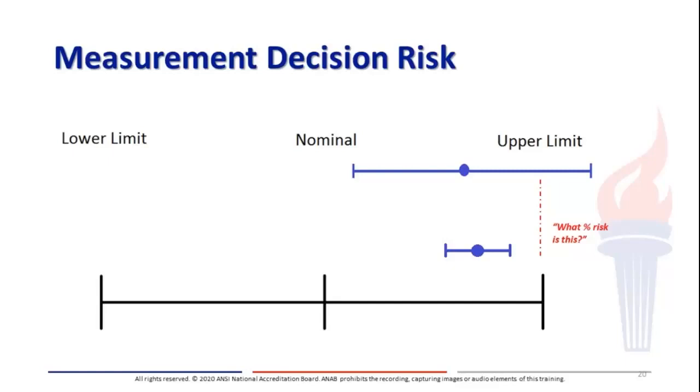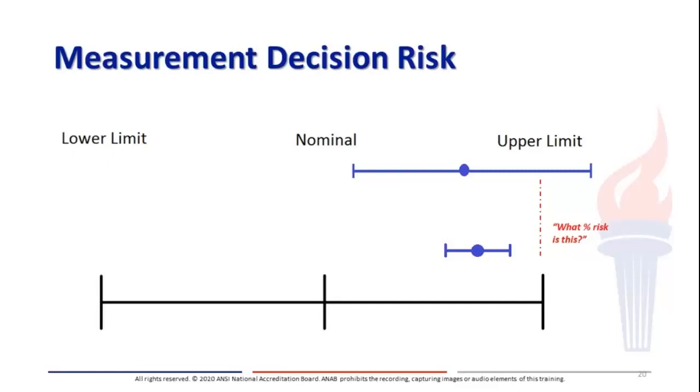What is the risk associated with that? There's a good possibility that the statement we make is that the blue dot is passing, but there's a probability that we could be falsely accepting that measurement because our uncertainty extends beyond the upper limit.